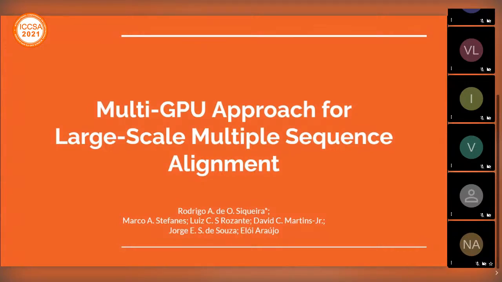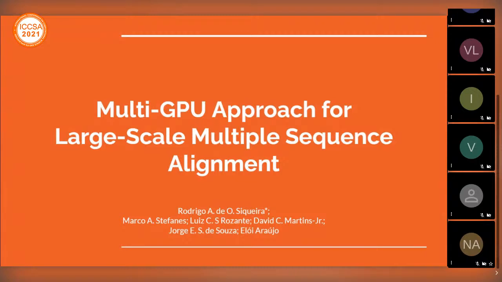Okay, so I'm Rodrigo. I am from Universidade Federal do Mato Grosso do Sul in Brazil. I will be presenting my master's degree work, which is a multi-GPU approach for large-scale multiple sequence alignment.